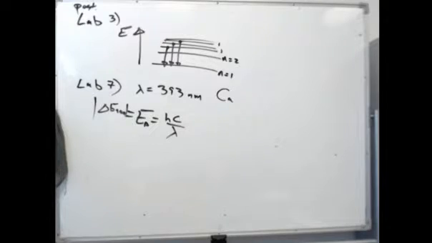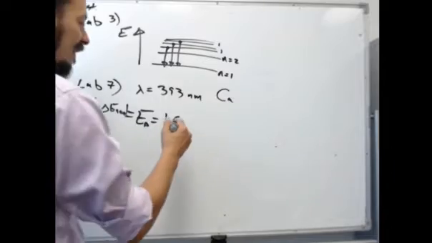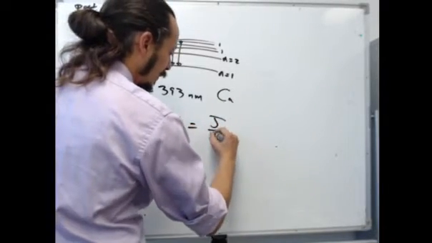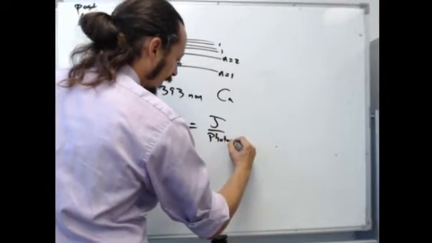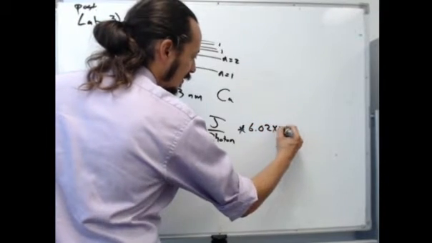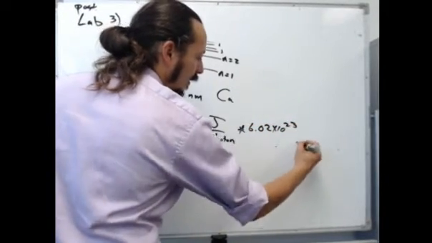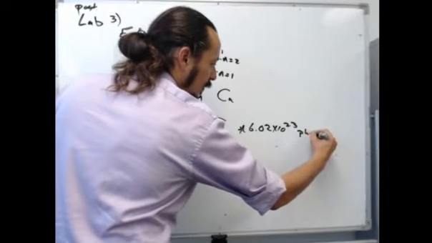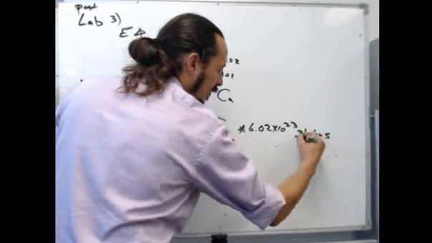And then you'll get that in joules. Will you multiply it by the number of atoms? Yeah, per mole. Remember, this is going to give us joules per photon. And then we're going to multiply by 6.02 times 10 to the 23rd photons per mole.